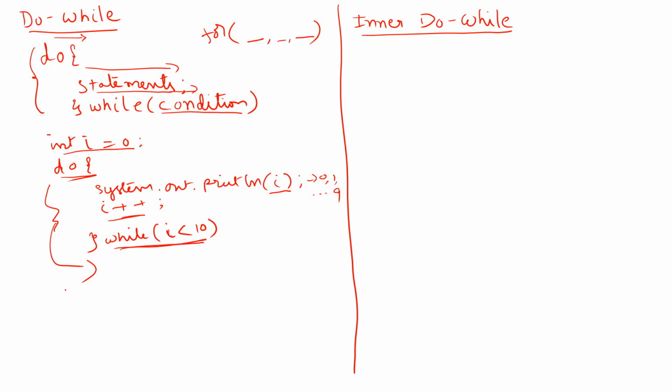So what is an inner do while loop? An inner do while loop is nothing but a do while loop inside another do while loop. So the structure for this one is do, and we'll have a while condition here, and within this the statements go somewhere in the middle, and we'll have another do while loop here.